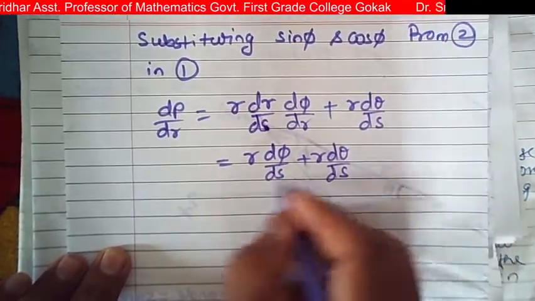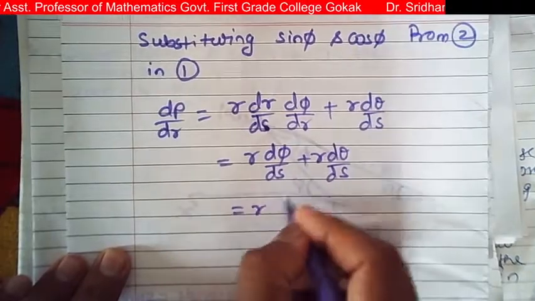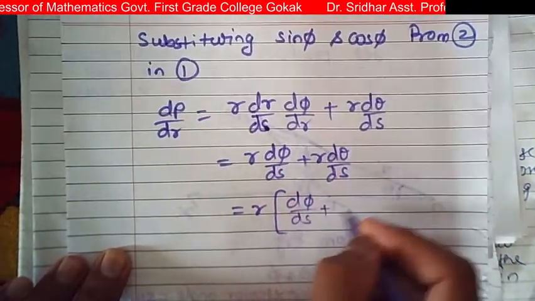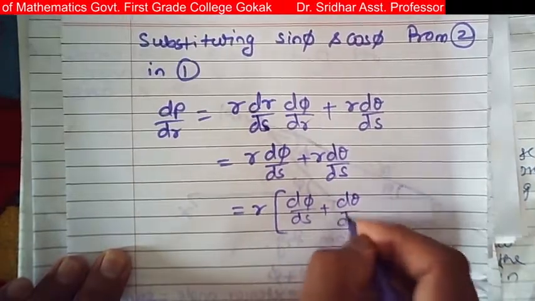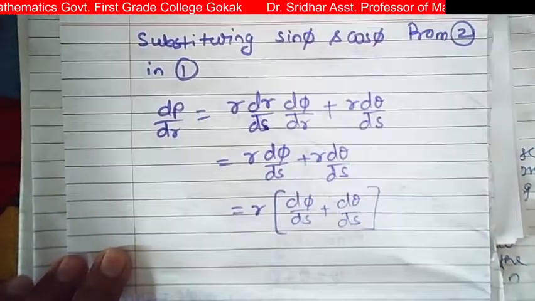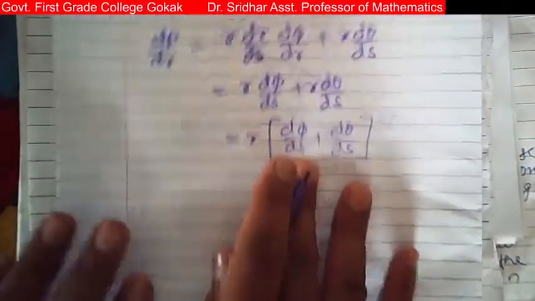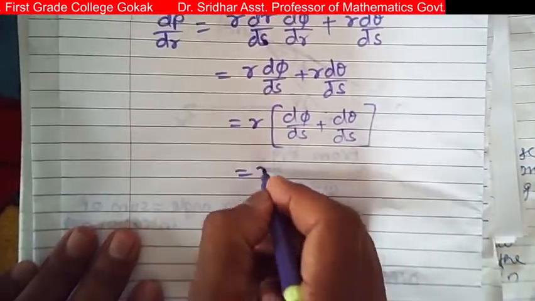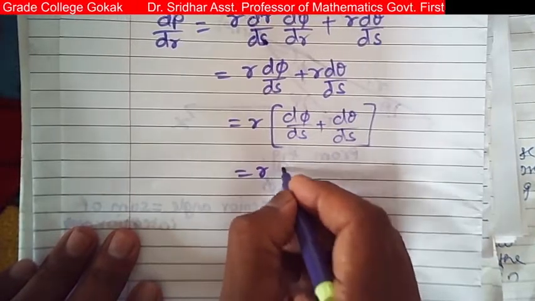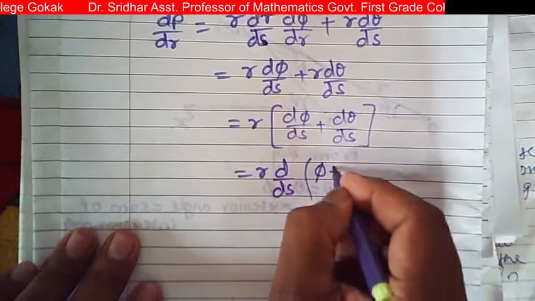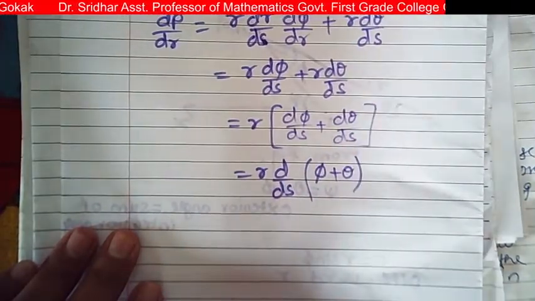In both terms we take r common, which gives r into d phi by ds plus d theta by ds, or taking the operator d by ds common, r into d by ds of phi plus theta.